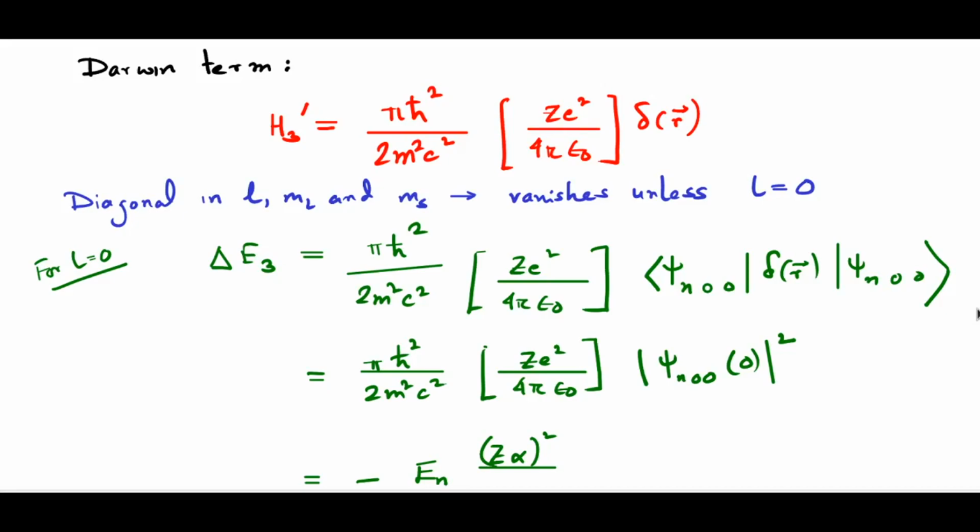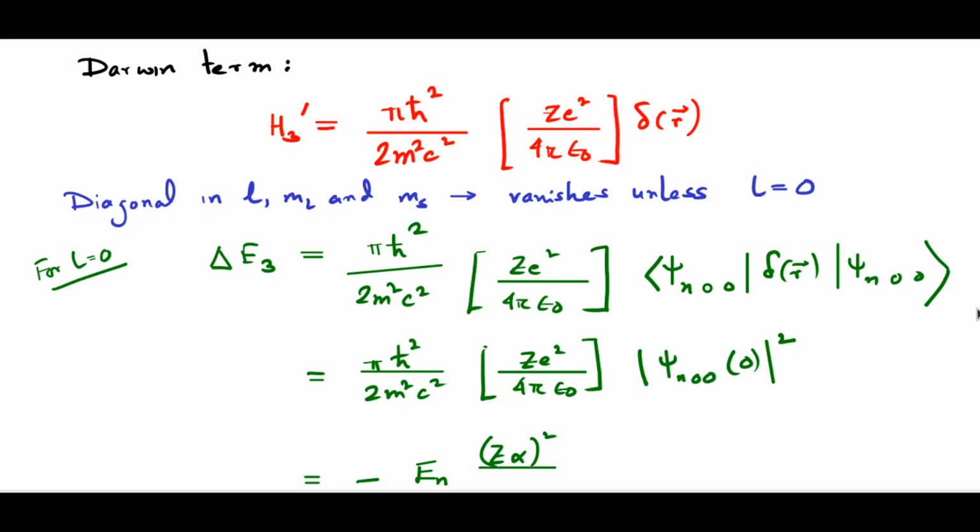The final piece of the perturbation, H3 prime, the Darwin term, is what we are going to consider next. Now in the Darwin term, you have this delta of r vector, and that is the only quantity here which is not just some constant. As a result, this particular term in the perturbation is diagonal in l, ml and ms, and it also vanishes unless l equals 0.